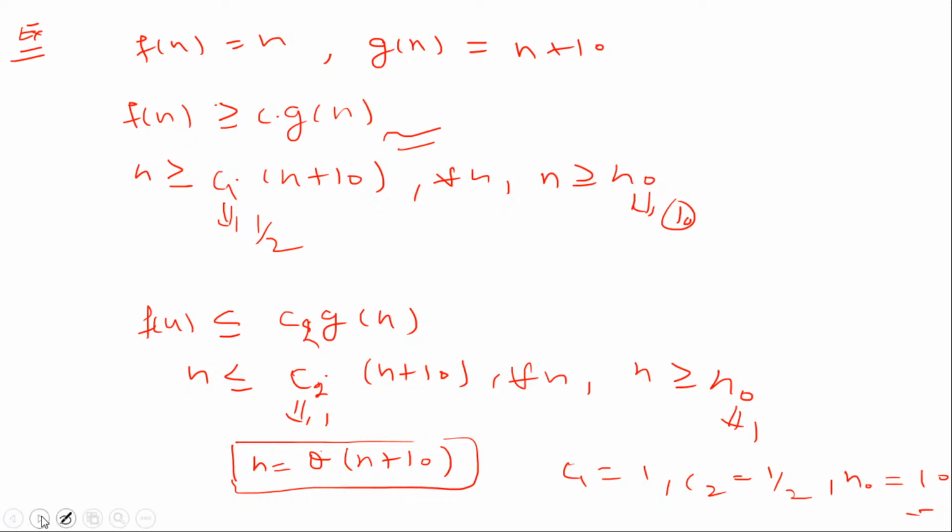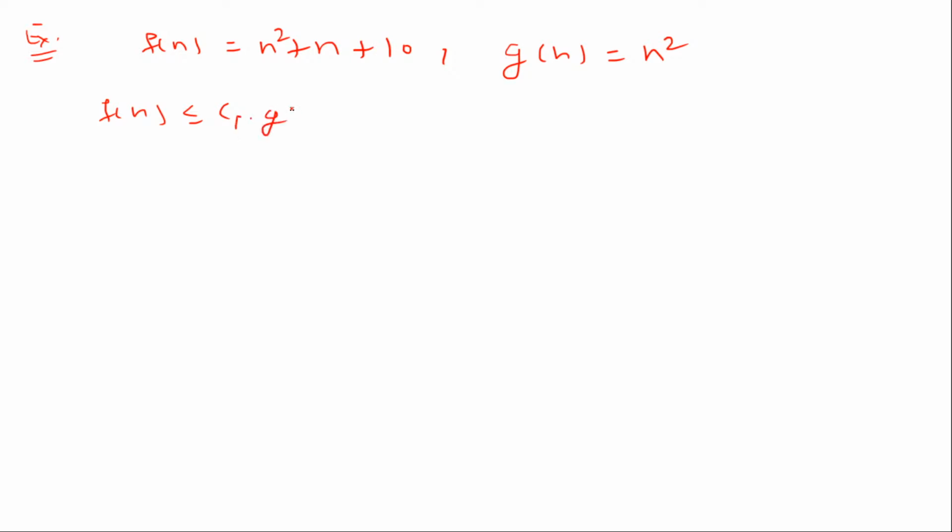Now take another example. Fn is n square plus n plus 10, gn is n square. First we have to prove the omega condition. Omega condition: fn less than or equal to c1 dot gn.